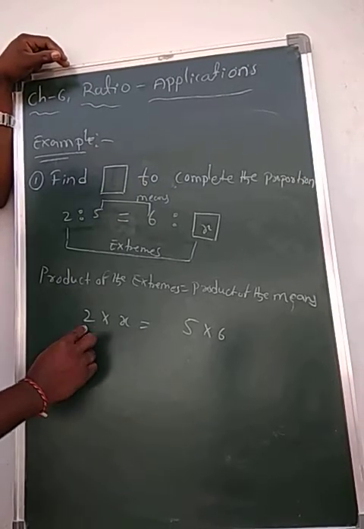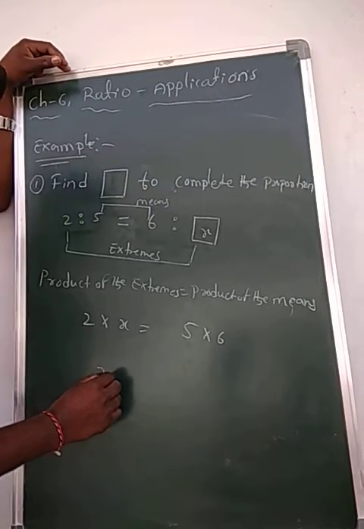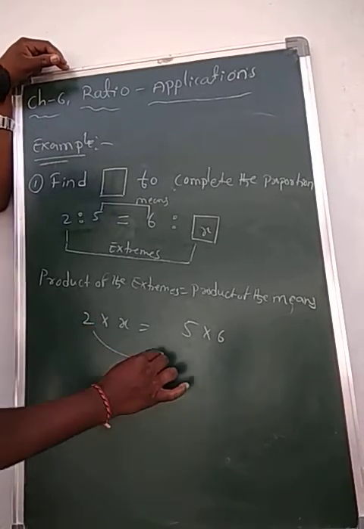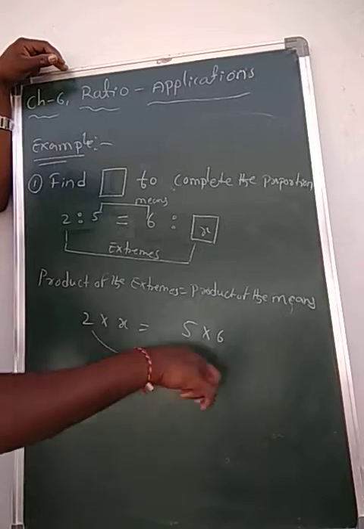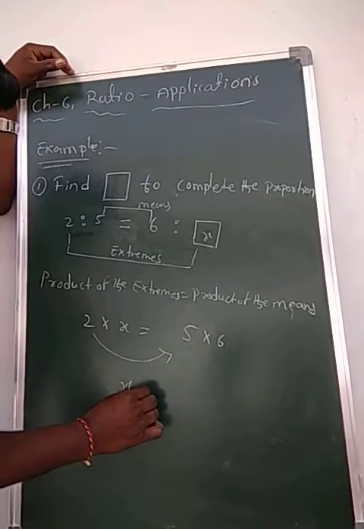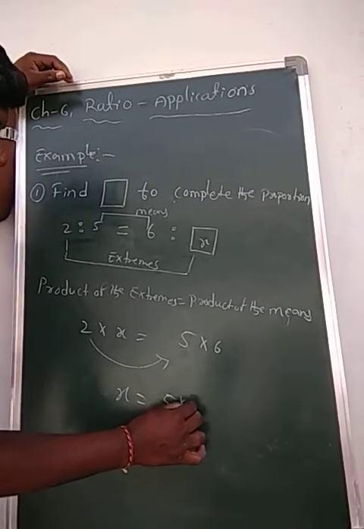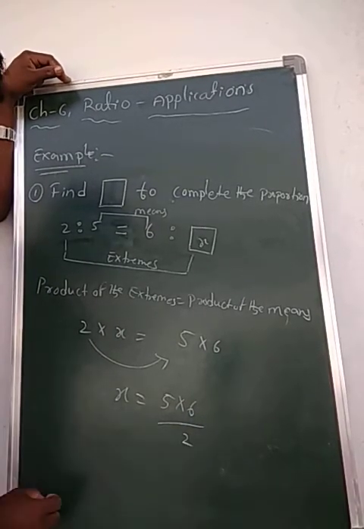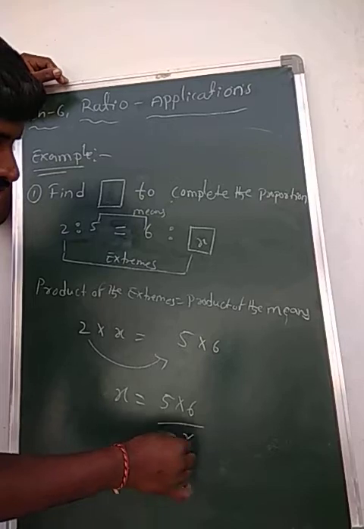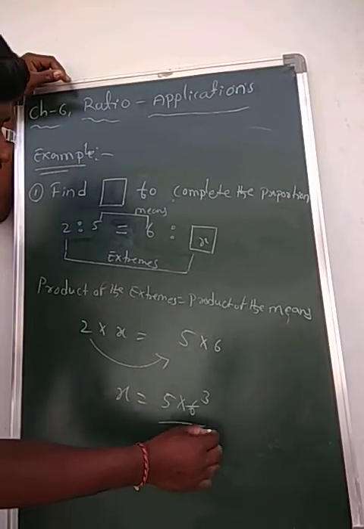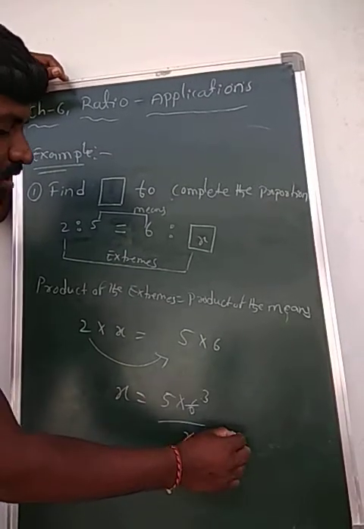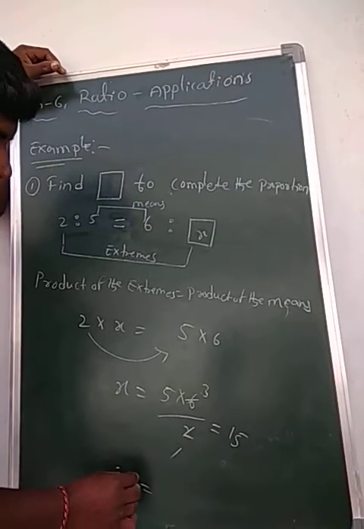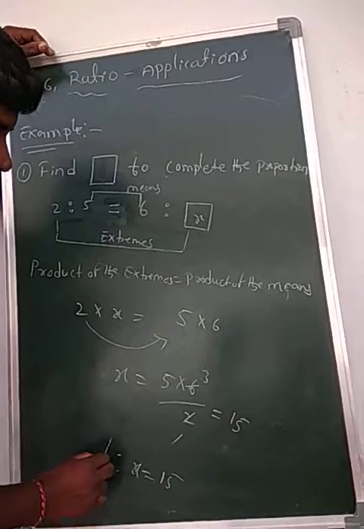Now 2 into x; I want the x value. So I am going to transpose 2 to the RHS. Then x is equals to 5 into 6 by 2, because multiplication becomes division. Now 2 ones are 2, 2 threes are 6, then 5 threes are 15. Therefore x is equals to 15.